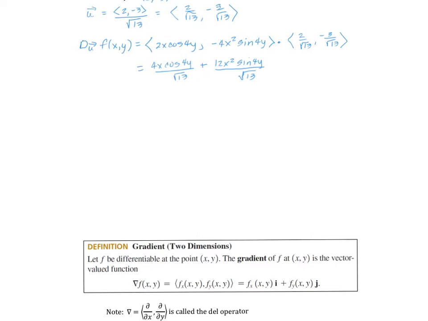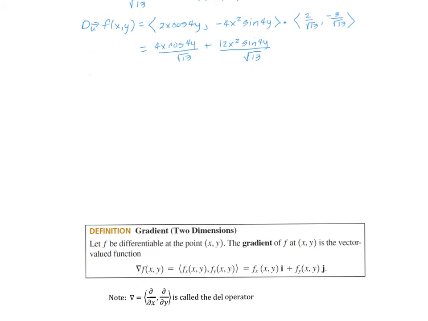I'm not going to combine these because the point in this problem is to compute this directional derivative at the point (1, pi over 4).